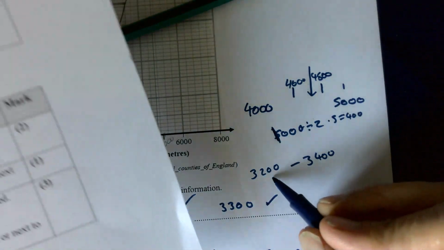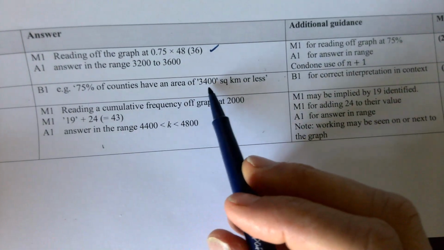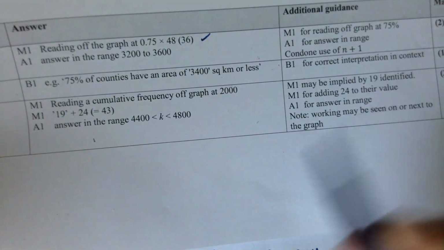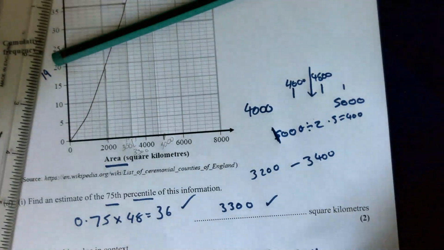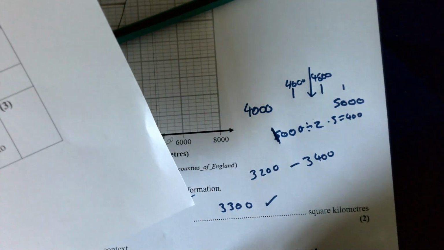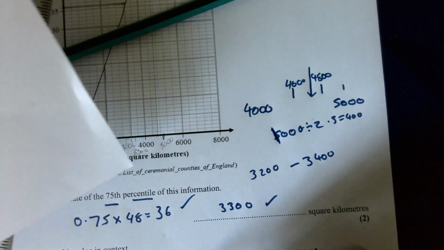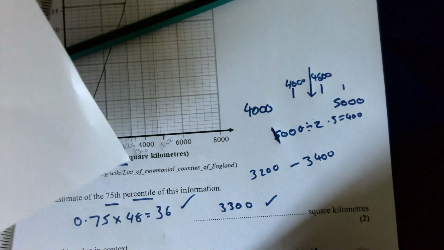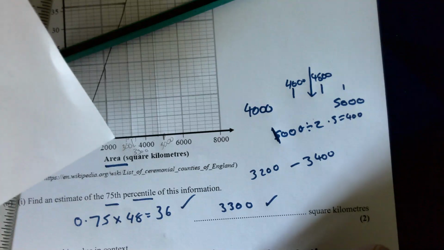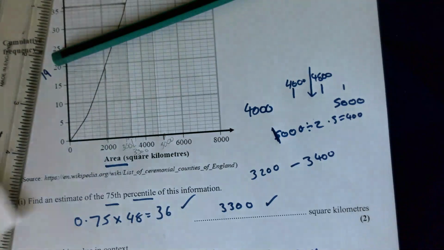Yes, if you look, any of those numbers would work. 25% of the countries have an area of less than that. Yes. However, I'm going to be picky. I'm not going to lose a mark, I don't think, but I've forgotten the units. Square kilometres. Yeah. Right. That one done.